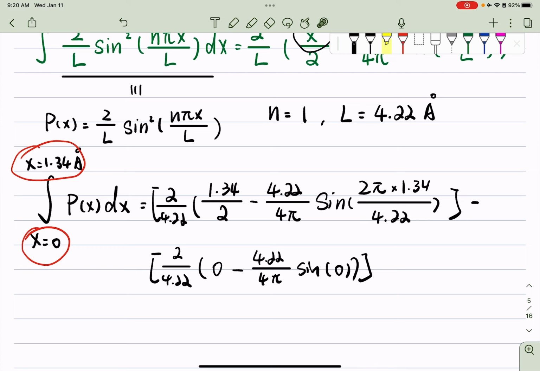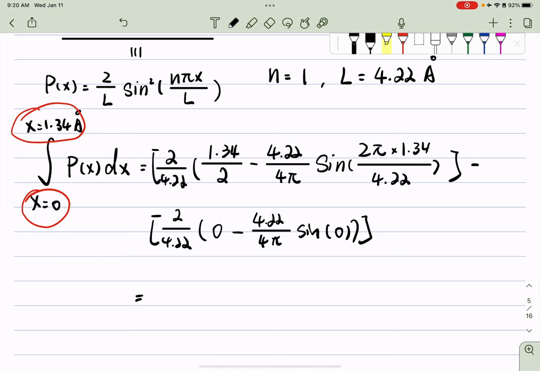That's actually going to give you a real number, which in this case is about 0.172 or 17.2%. So going back to the physical meaning of what we're actually solving here, we have an equation that represents the probability of finding the particle somewhere in that 0 to 4.22 box.